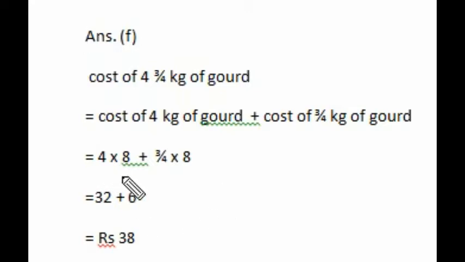If we multiply 4 by 8, 4 8s are 32. And here multiply 3 by 8 and divide by 4. So 8 3s are 24, divide by 4. If we divide 24 by 4, we will get 6. So 32 plus 6 is equal to rupees 38. So the cost of 4 and 3/4 kg of gourd is equal to rupees 38.